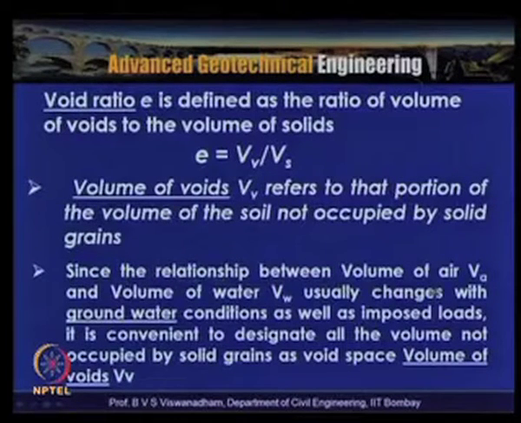The relationship between volume of air and volume of water usually changes with groundwater conditions as well as imposed loads. Suppose the groundwater table fluctuates, or because of imposed loads the soil undergoes some compression or expulsion of water; there is a possibility that the volume of air and volume of water can change.